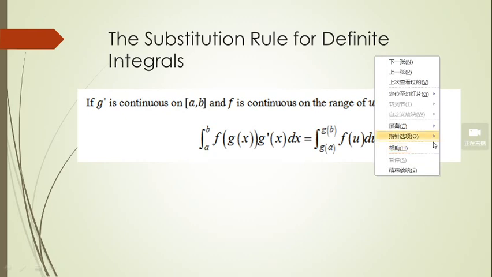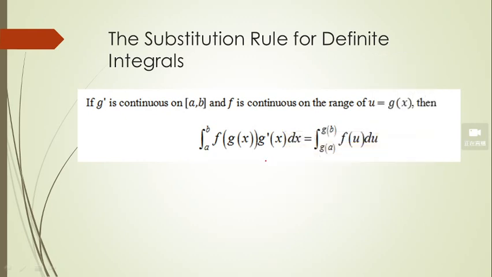Okay, so be careful. In the two definite integrals, the lower and upper limits change. When we use the independent variable x, of course, that is a to b. And when we substitute for the variable u, the lower and upper limits become functions of x, so g(a) and g(b).